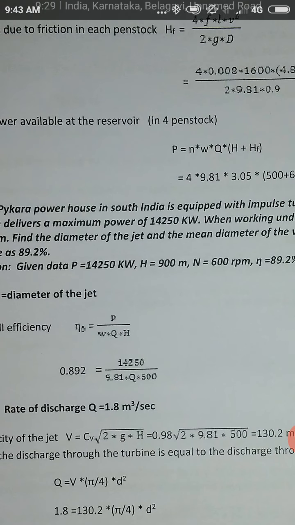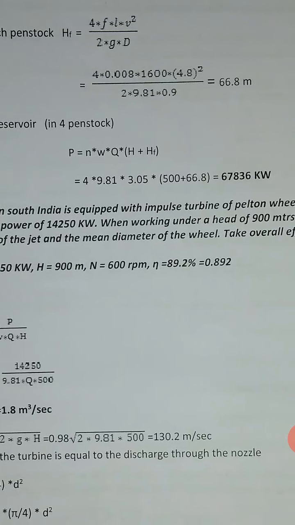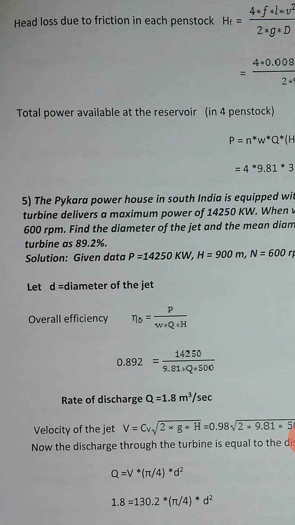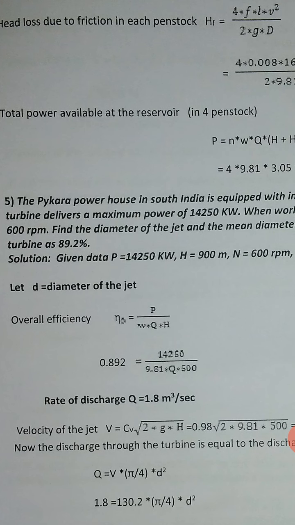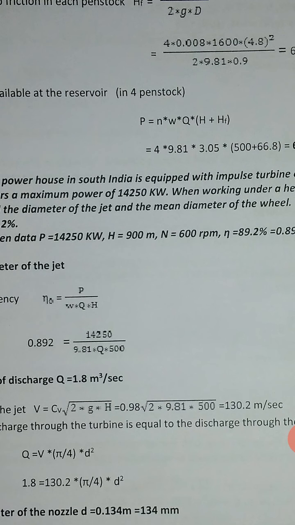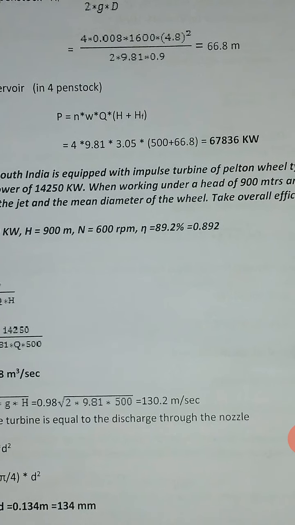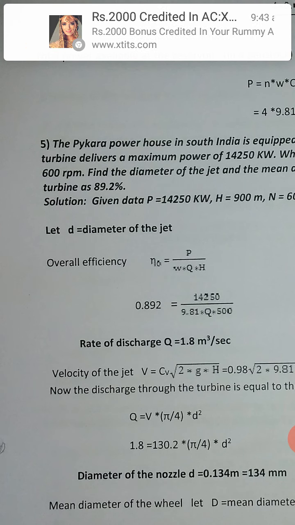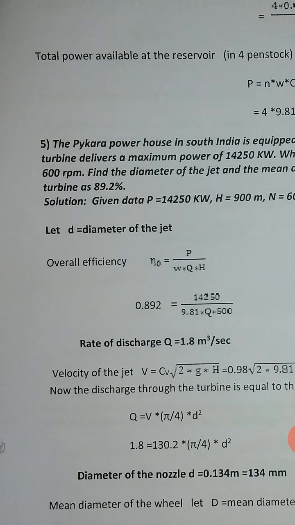Find the diameter of the jet and the mean diameter of the wheel. Take the overall efficiency of the turbine as 89.2%. Here the given data are P equals 14,250 kilowatt, H equals 900 meters, and N equals 600 rpm. Efficiency is 89.2%. Then let d equal the diameter of the jet.